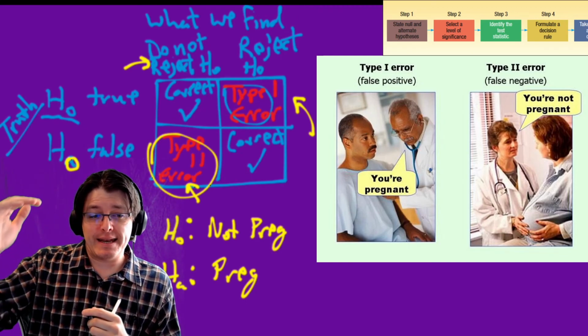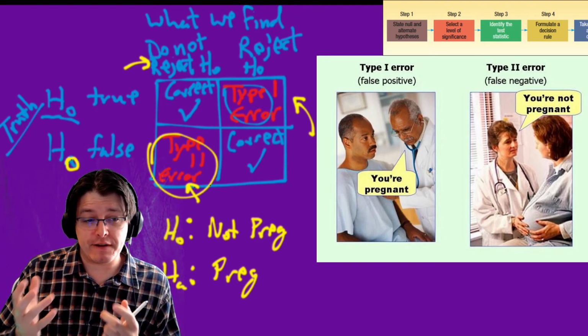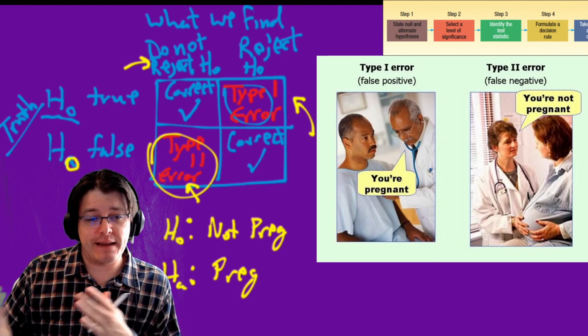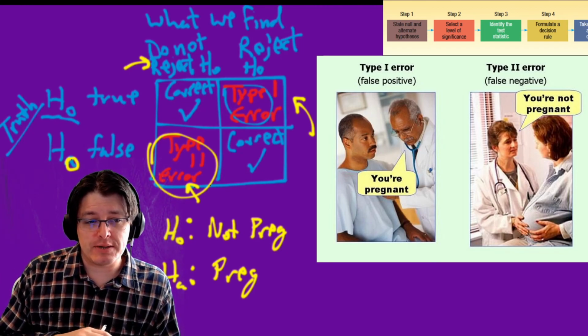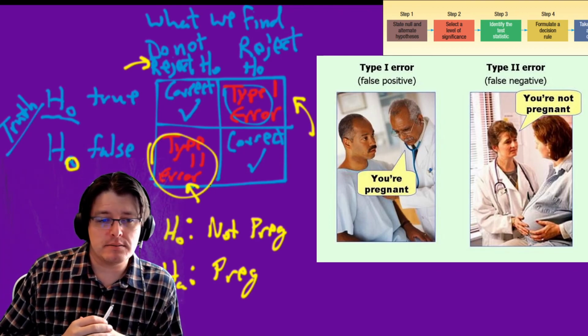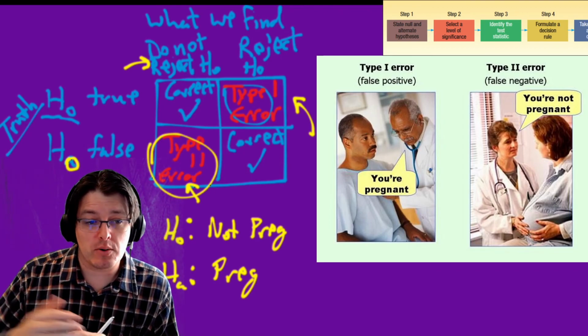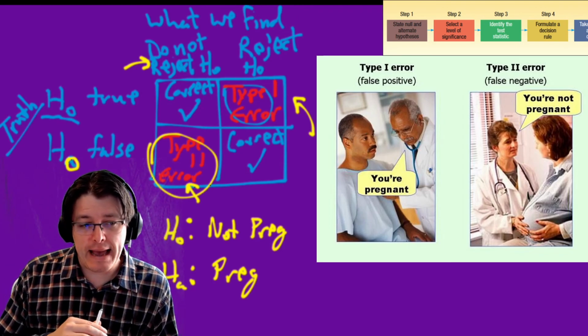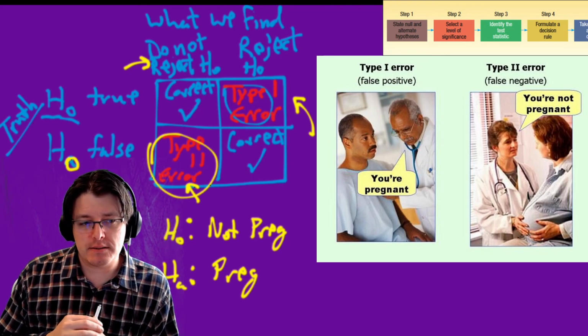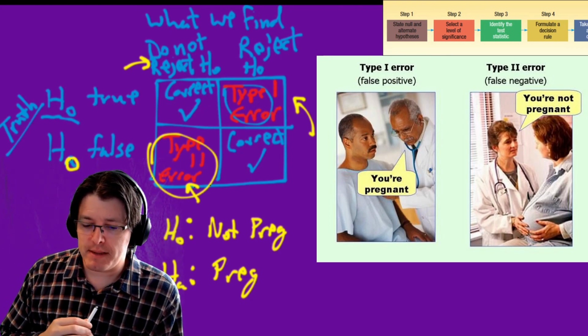And where we set that level of significance in criminal justice also trades off type 1 and type 2 error. We tend to lean more heavily on making sure innocent people don't go to jail, although that definitely happens. So this trade-off applies not only in our statistical methods.